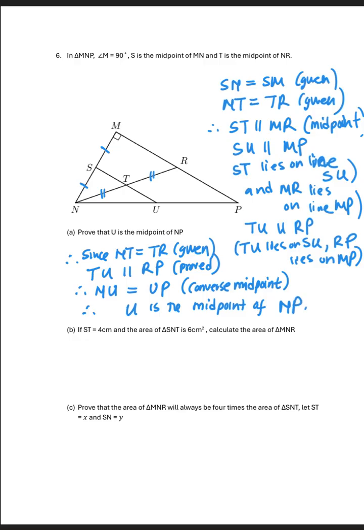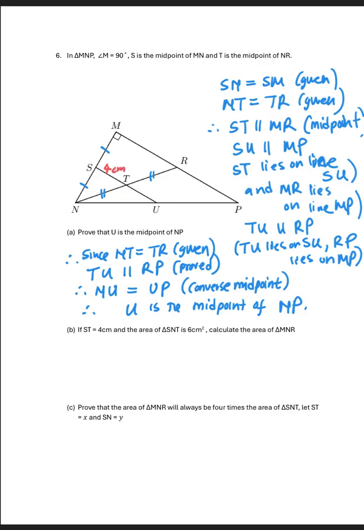And then the second one says if ST is equal to 4 centimeters and the area of triangle SNT is 6 centimeters squared, calculate the area of triangle MNR. So ST we are told is 4 centimeters.